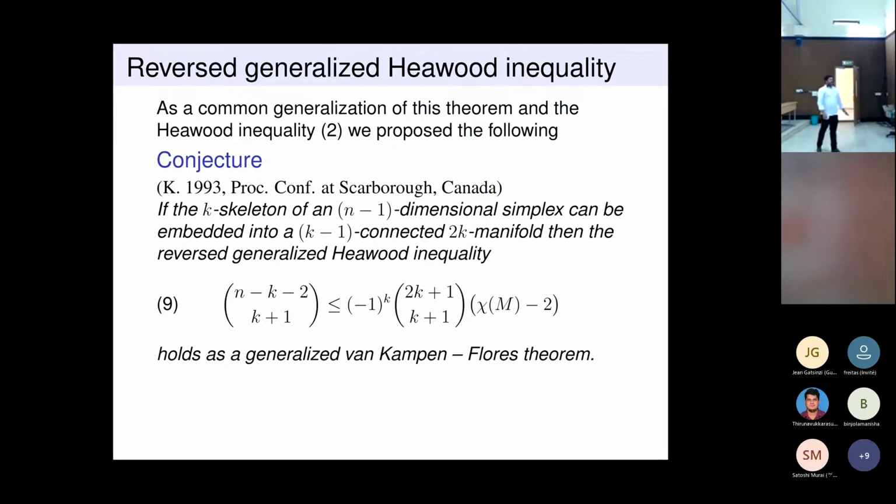As a common generalization of this theorem and the Heawood inequality, Kühnel proposed a conjecture in 1993. It says that if the k-skeleton of an (n-1)-dimensional simplex can be embedded into a (k-1)-connected 2k-manifold, then the reversed generalized Heawood inequality holds.